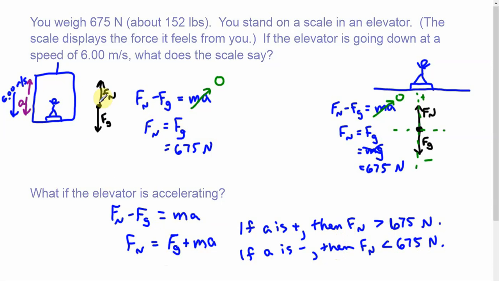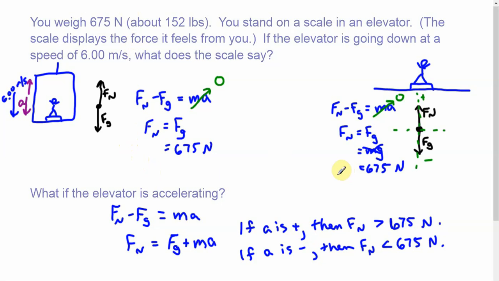Okay. Now the way elevators usually work is, of course, you get on the elevator and it's at rest, and let's say you're going up. You accelerate for probably about 1 or 2 seconds, right? And that's when you'll feel that positive acceleration, and you'll feel heavier. You'll feel a little pushed downward, right? But that only lasts a couple of seconds, and then the elevator goes up at a constant speed.